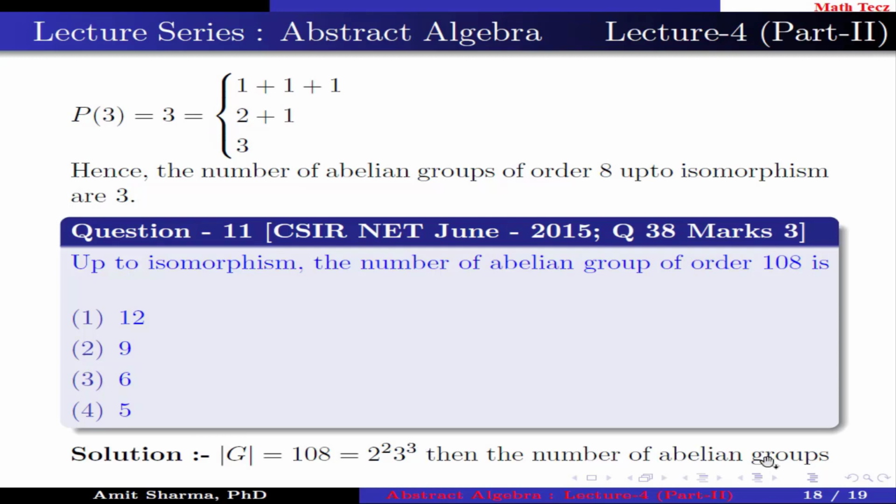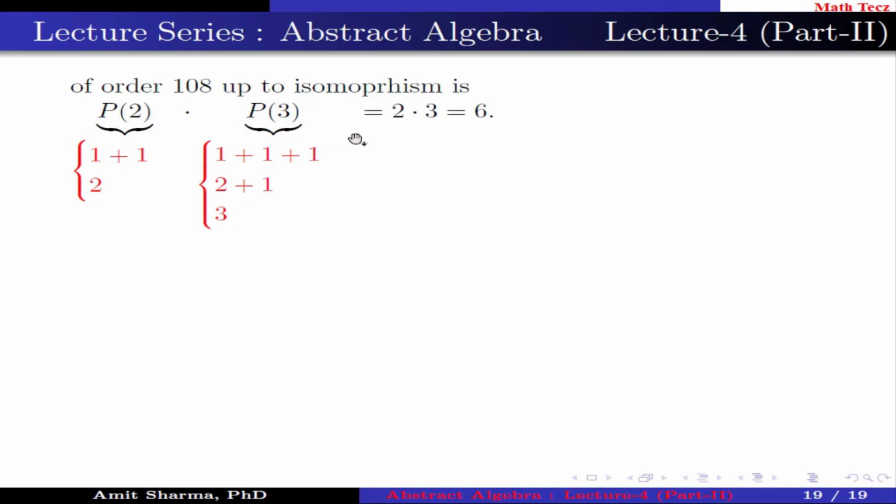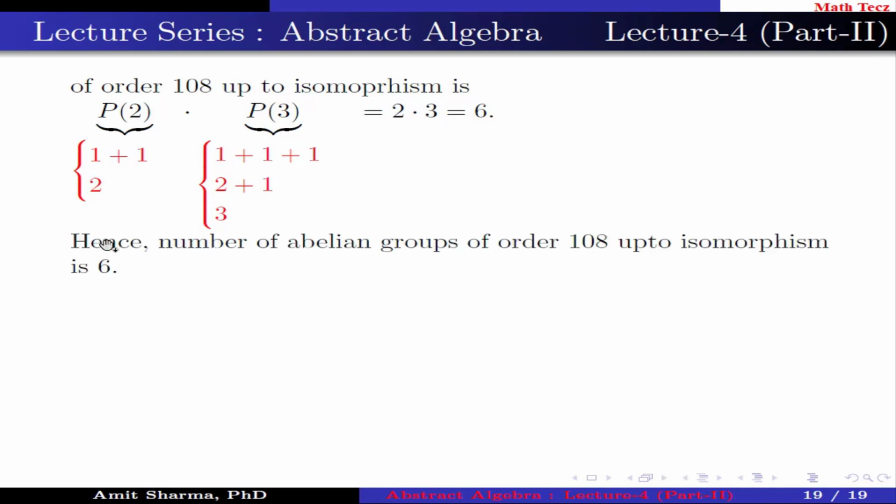Then the number of abelian groups of order 108 up to isomorphism is the partitions of 2 times the partitions of 3. The partitions of 2 are 1 plus 1 and 2, and the partitions of 3 are 1 plus 1 plus 1, 2 plus 1 and 3, which is equal to 2 into 3, which is equal to 6. Hence, the number of abelian groups of order 108 up to isomorphism is 6. Therefore, option 3 is right.